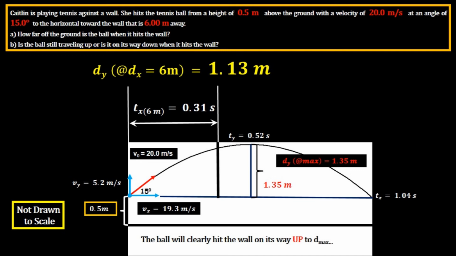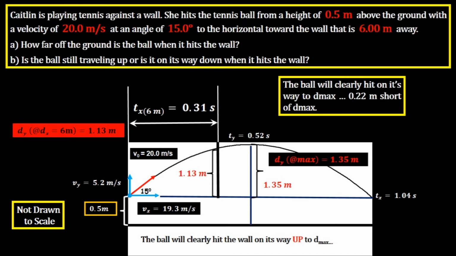There's the dy, it's 1.13. So the ball will clearly hit on its way to Dmax. It'll be 0.22 meters short of dy max. So it's a fairly sophisticated problem, and you'll do well to review that and keep reviewing it until you can do it in your sleep. Okay, let's do the next one.